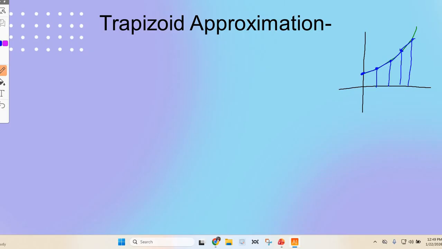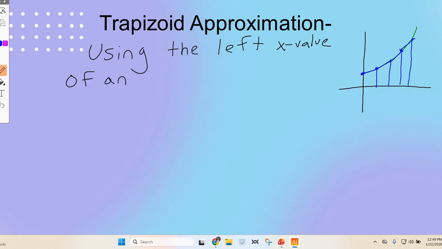So what we're going to be doing is using the left x value of an interval for f of x sub 1, which is going to be like our base 1.